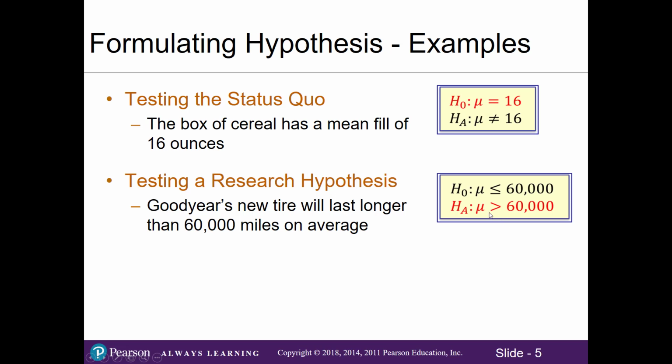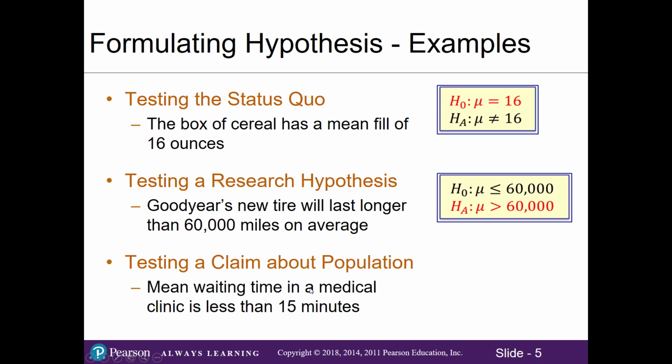So in red here, we see that the research hypothesis is our alternative hypothesis because Goodyear has to find evidence to prove that this alternative hypothesis is true, whereas our null hypothesis states that Goodyear's tires last less than or equal to 60,000 miles. So one way to think about the research hypothesis is if the alternative hypothesis is true and the tires last greater than 60,000 miles, it's a win for the new product.